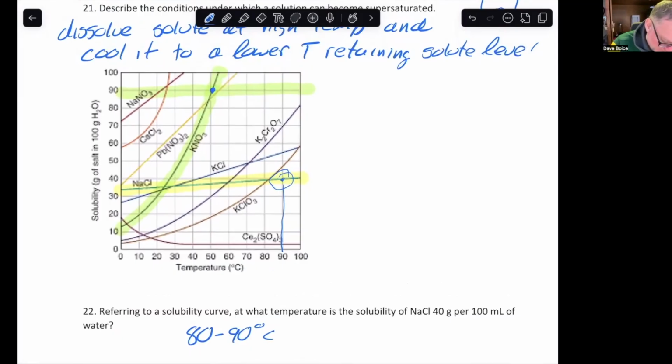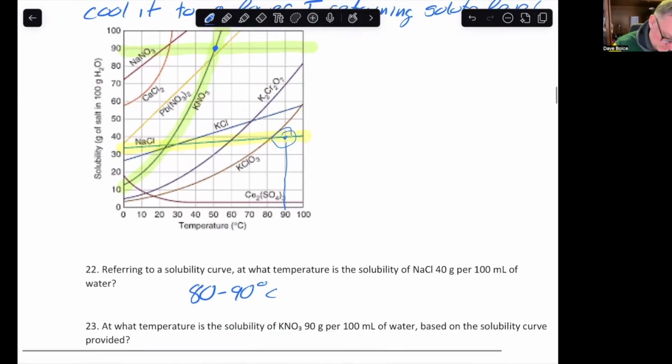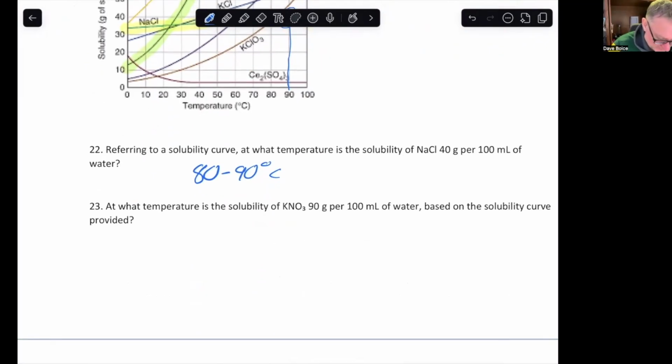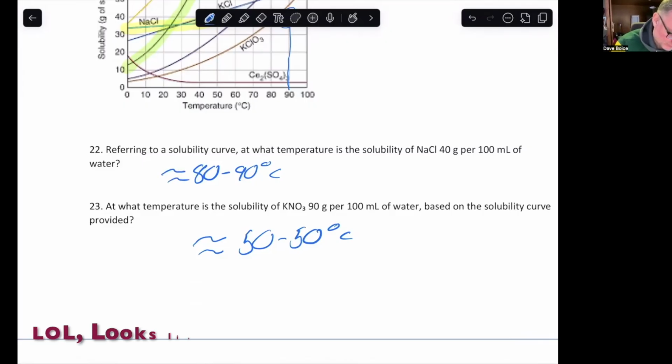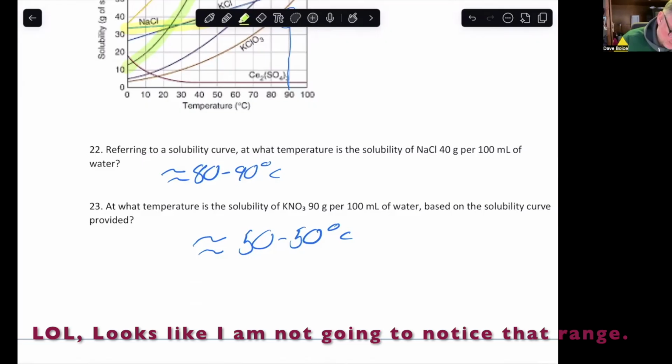It looks like it might creep just a little bit past 50, so we're going to say somewhere between 50 to 55 degrees Celsius, somewhere around there would be fine. Remember, you do need to have more specific answers, but in this case, exactly specific is a little hard to get since you're reading the chart.